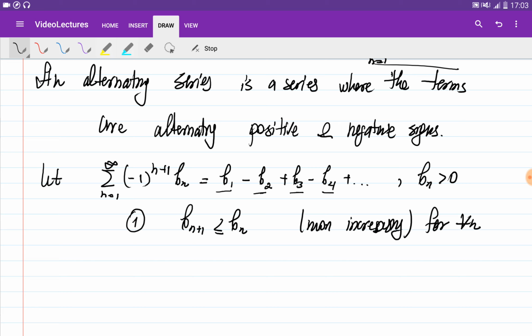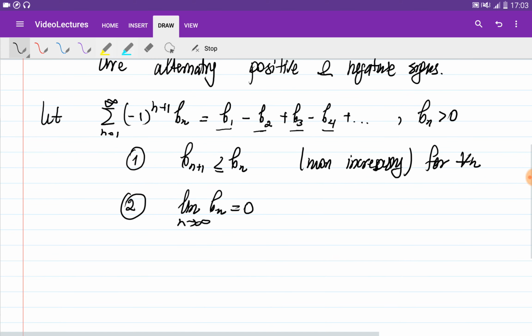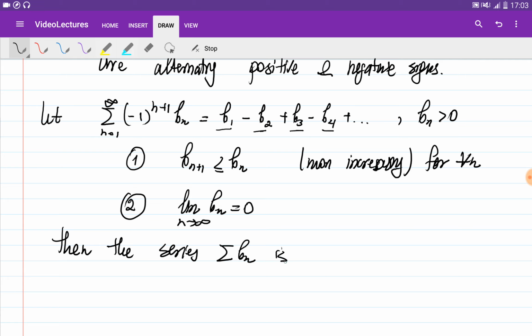It's always going to be non-increasing, so the next terms of the series are smaller than or equal to the previous terms. The second condition is that the limit of bn when n goes to infinity should be equal to 0. If these two conditions are fulfilled, then the series is convergent.